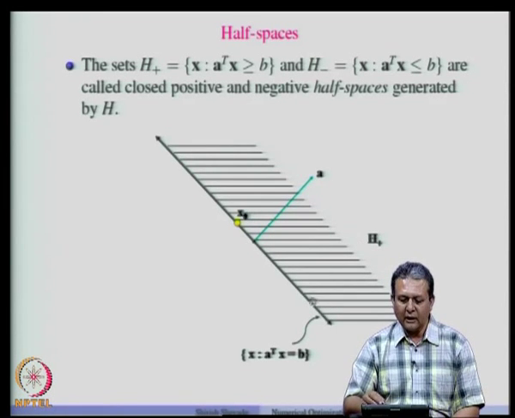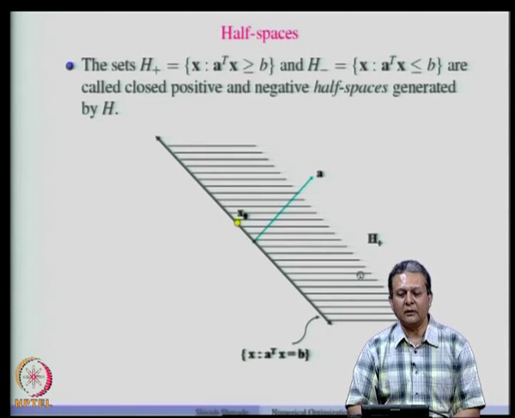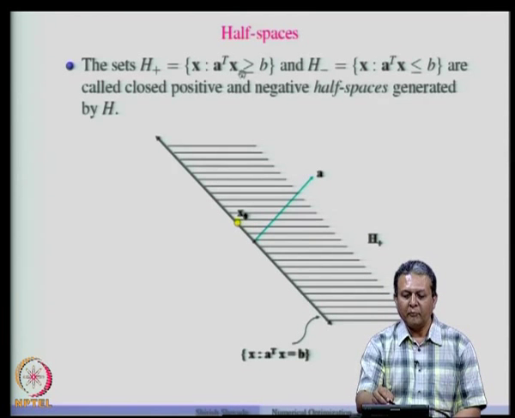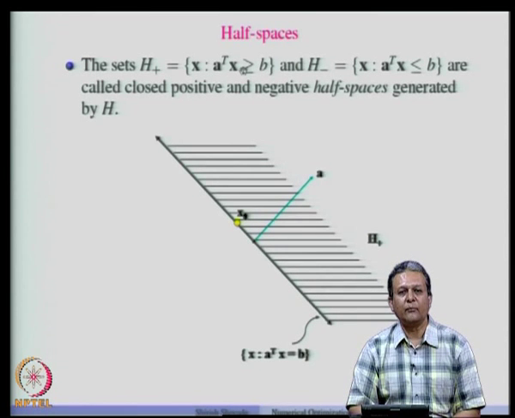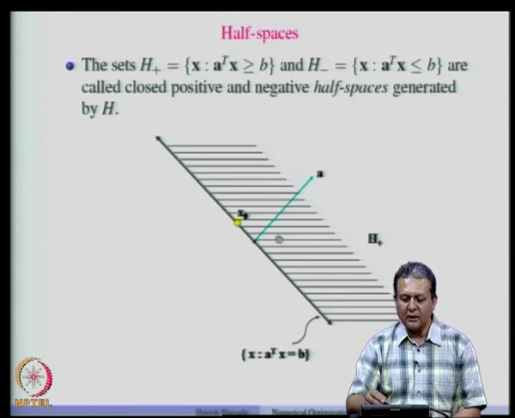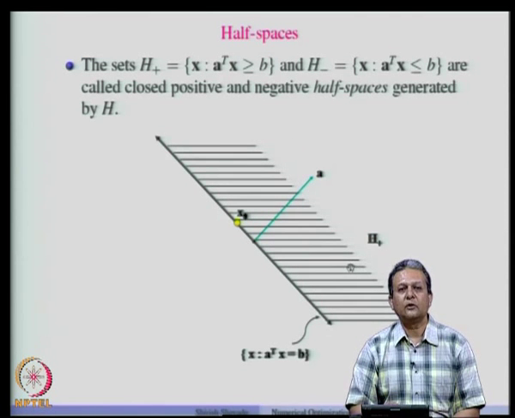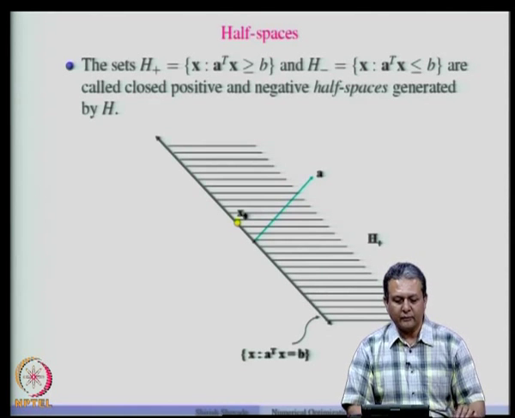So, the points on the hyperplane and on this side of the hyperplane are called a closed half space. Now, if we make the inequality strict, that is the set of all x such that A transpose x is greater than b, these are the points which are not on the hyperplane but are on this side of the hyperplane. That is called an open positive half space.